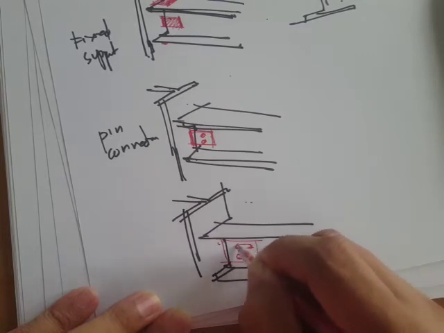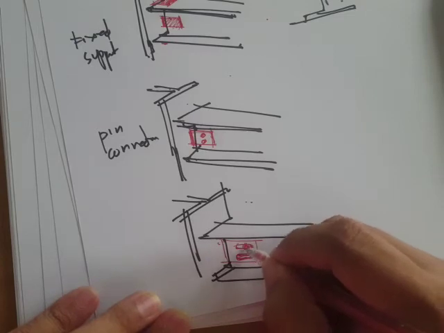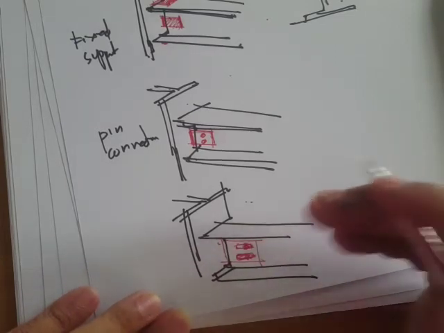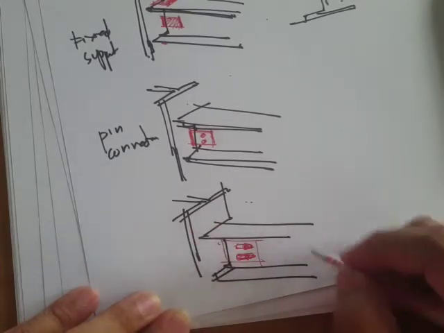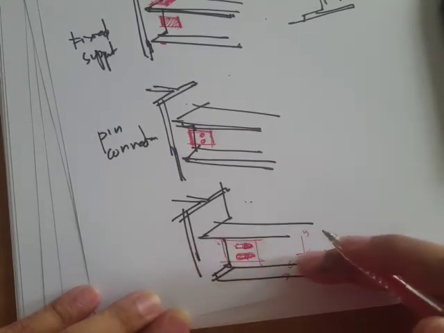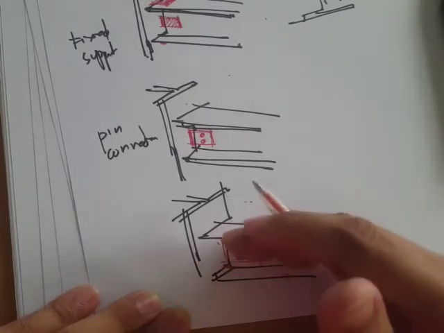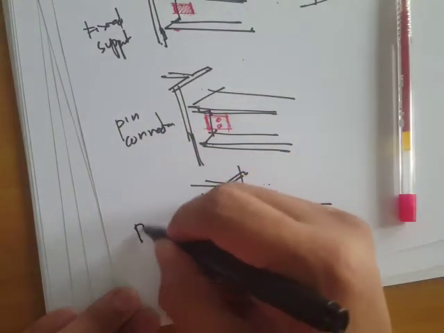So instead of a circular hole, you have a slot, meaning that you allow some amount of translation along this, let's say this is the x-axis, for example. So you allow some movements, and you also allow some rotation. So that's what we call a roller support.